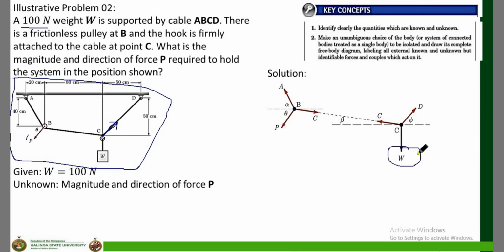Do not forget that. Since CD pulls W, BC helps CD, so the direction of BC should also point away.